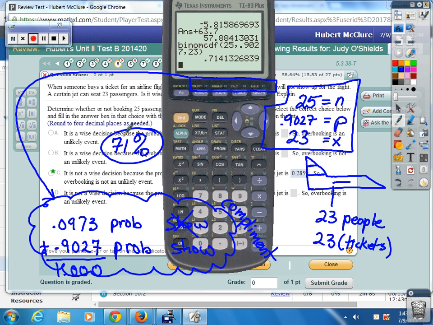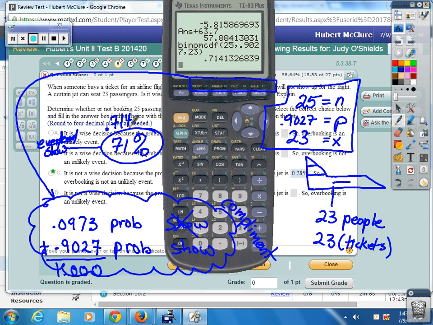Is that a wise decision if you are a ticket person? No. Okay. Now, that is the probability for everybody showing up. So what is the complement of everybody showing up? It'll be 0.29 something.